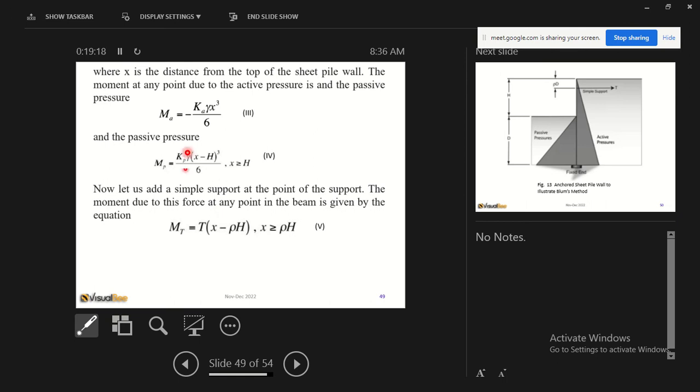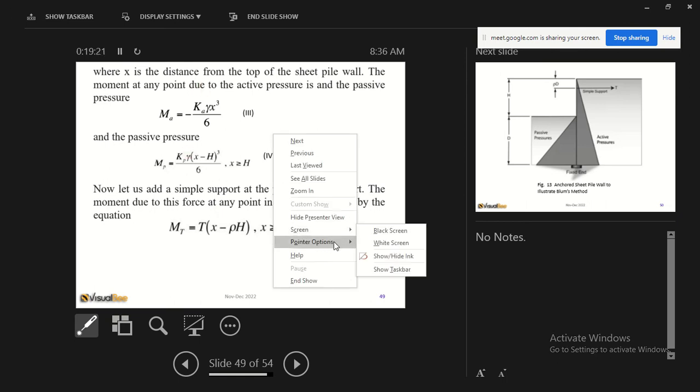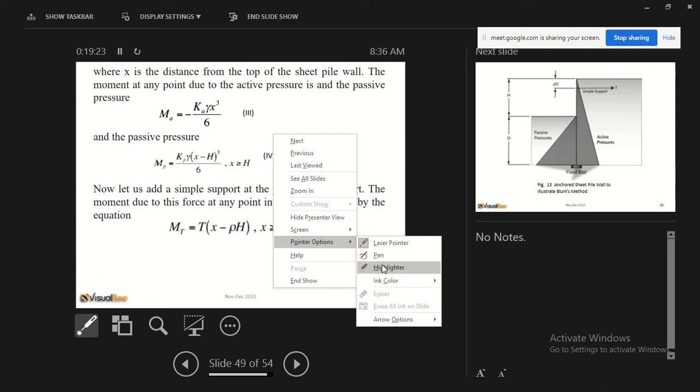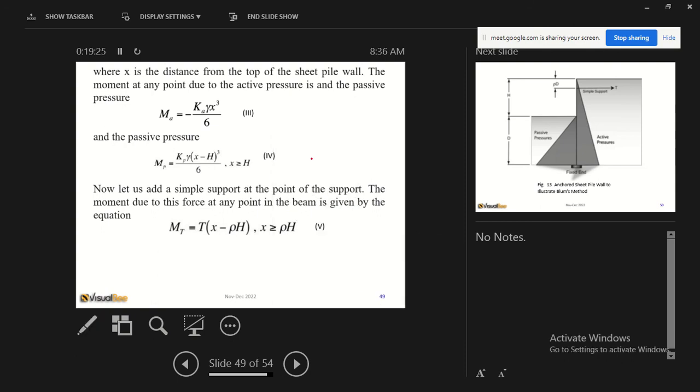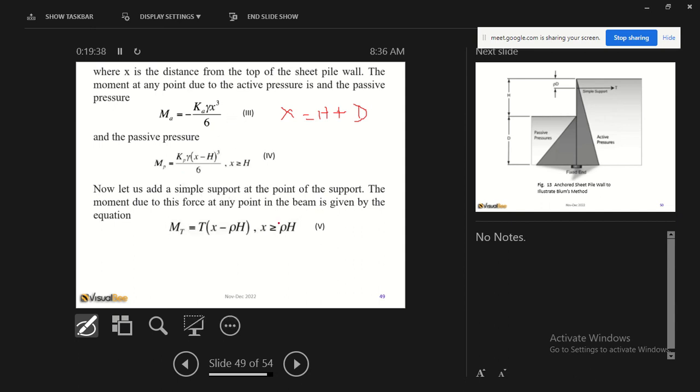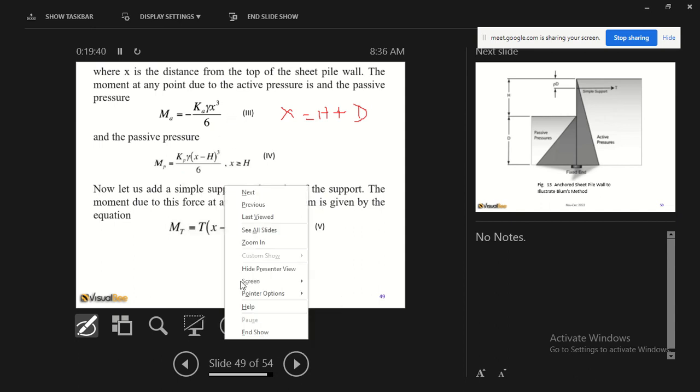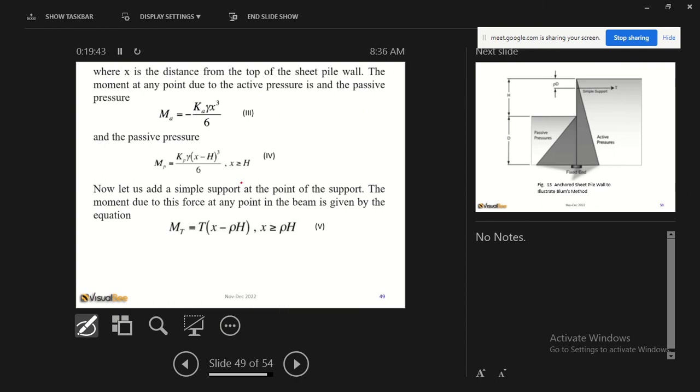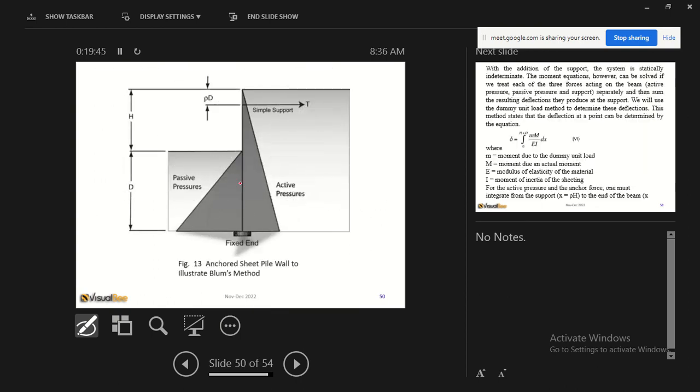We substitute here x equals h plus d in these equations, and of course sum the moments at this end, at the toe.